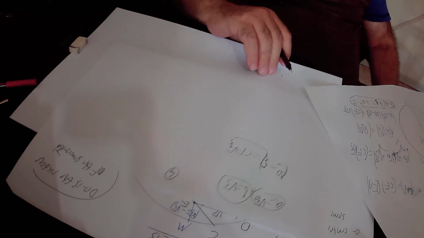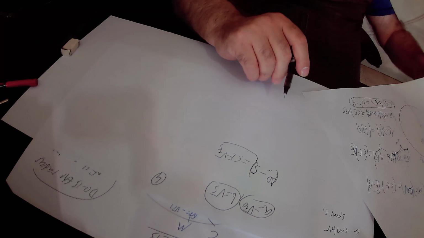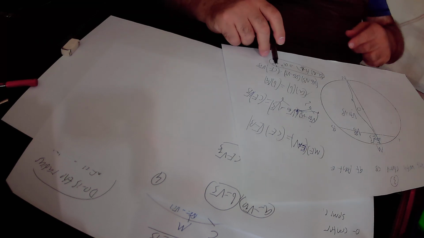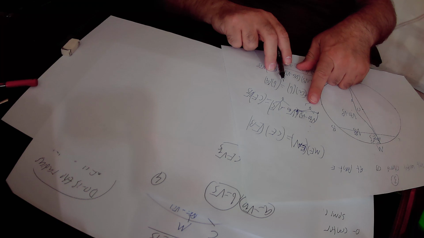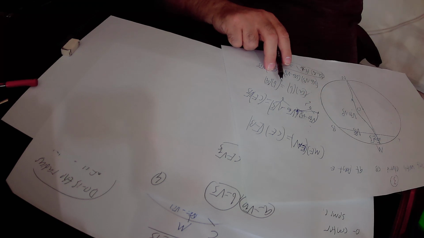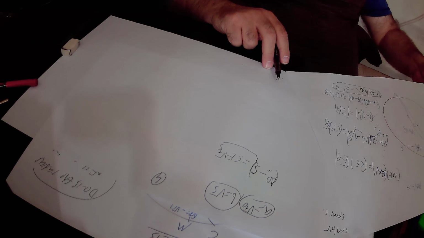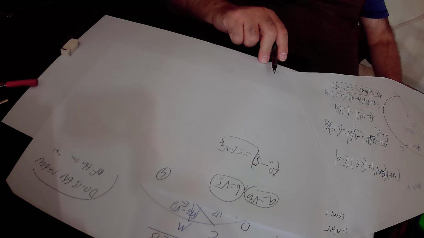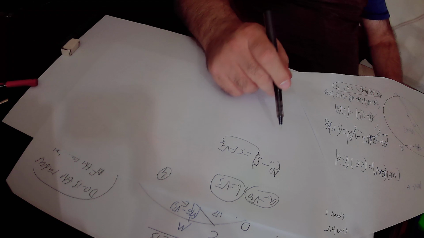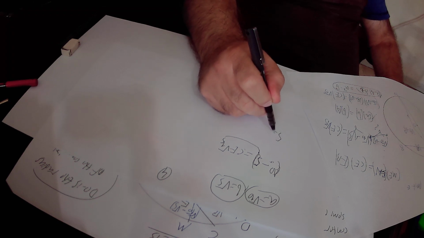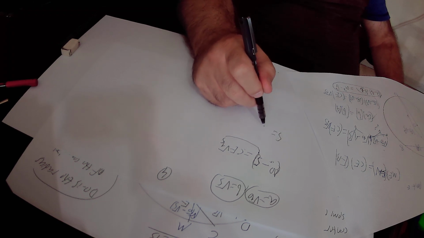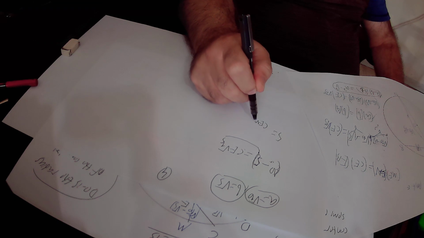So in conclusion, we found out that our original expression is equal to 10 minus 5, which is equal to CE times the square root of 15. 10 minus 5 is 5, so 5 equals CE times the square root of 15.